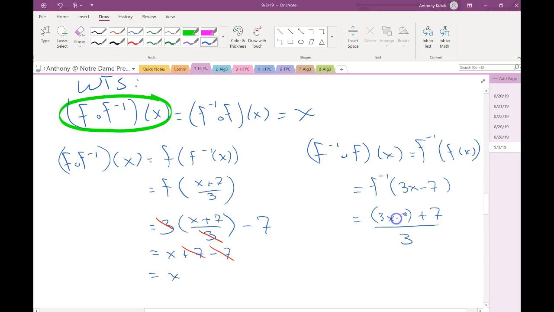And then inside that parenthesis, I'm going to write my expression for f. Notice if I look in the numerator, I can cancel the minus 7 and the plus 7. And then I can cancel the times 3 with the divide by 3. And I'm left with just x. So what I've shown then is that each of these two compositions gives me x.